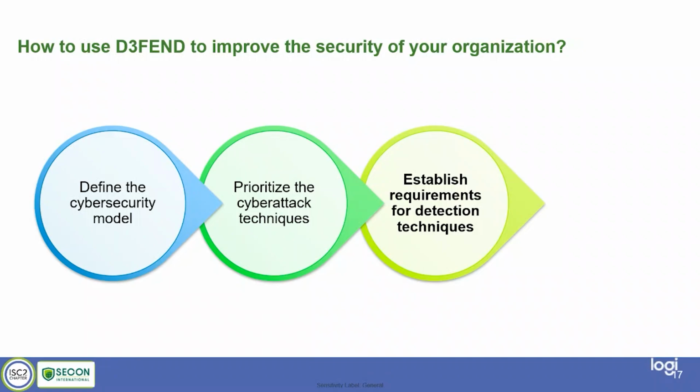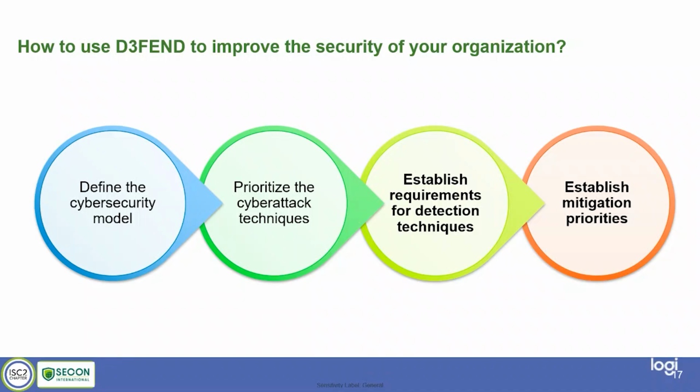Once we have prioritized our list of offensive techniques, you need to become familiar with the data necessary to detect these techniques. This is where we often make mistakes because we often do not collect all relevant events. Prioritize attack mitigation using D3FEND, as you are unlikely to be able to implement all countermeasures at once.